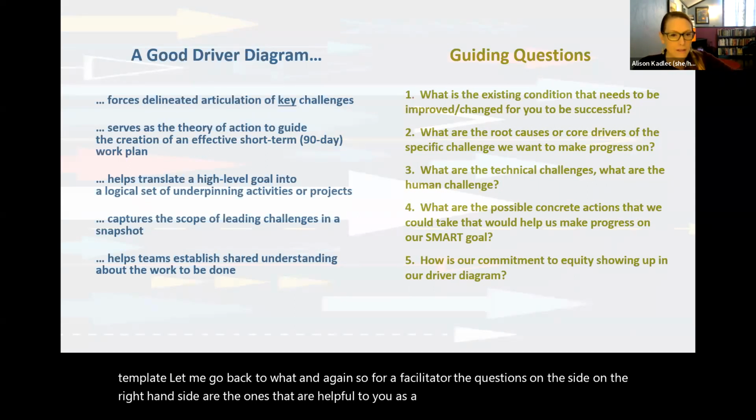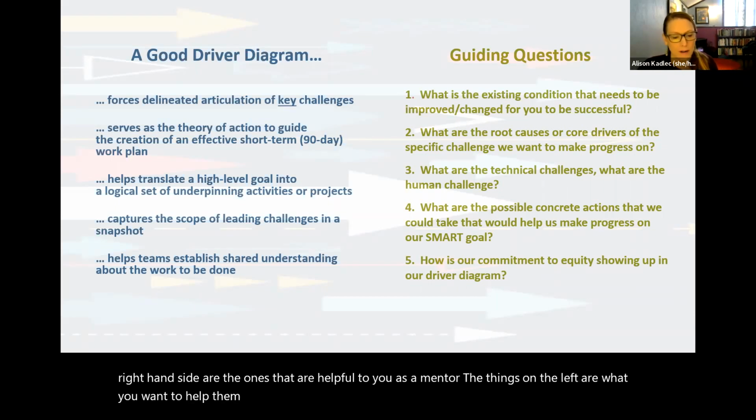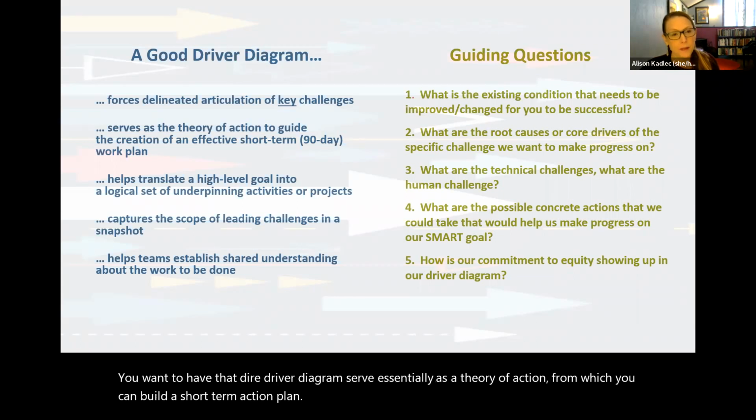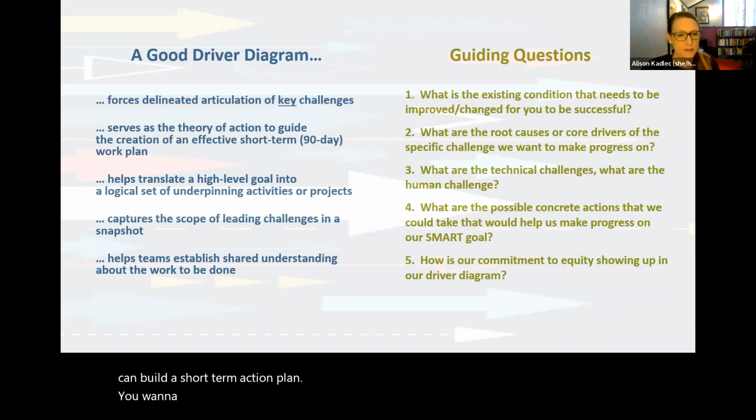The things on the left are what you want to help them achieve with a driver diagram. So you want to help them delineate key challenges. You want to have that driver diagram serve essentially as a theory of action from which you can build a short-term action plan. You want to help translate the institution's high-level goal into a logical set of underpinning activities or projects.